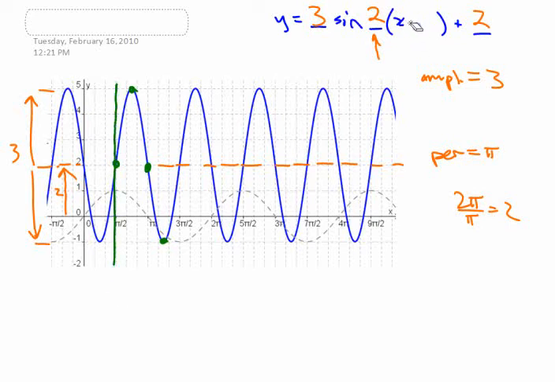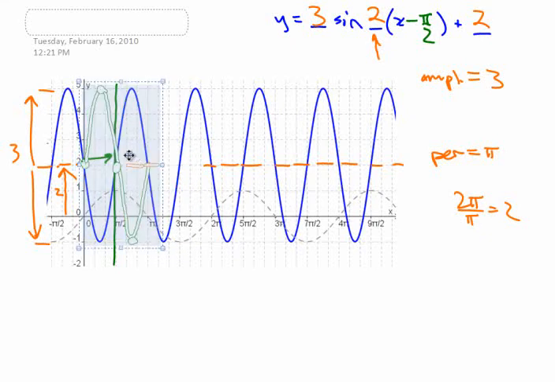So it's as though the whole graph has been shifted that far, pi over 2 to the right, so minus pi over 2. Make the connections with what you know about transformations, right? If you imagine that this is one chunk of this sine graph, you've just found the whole thing by transformations, right? You're imagining that it's in the middle, it's compressed down to 1 to negative 1.